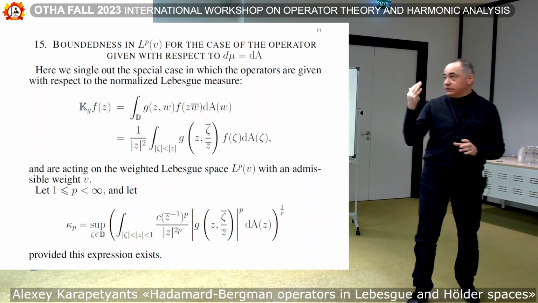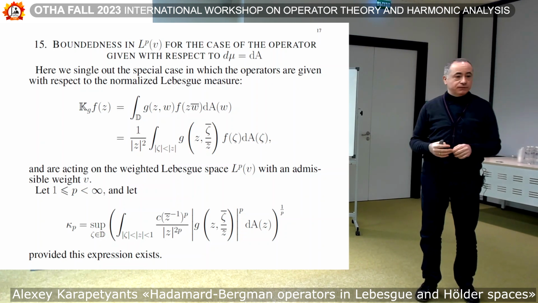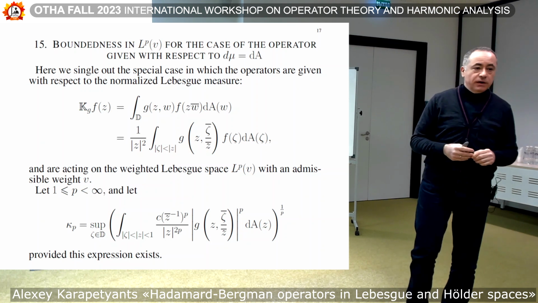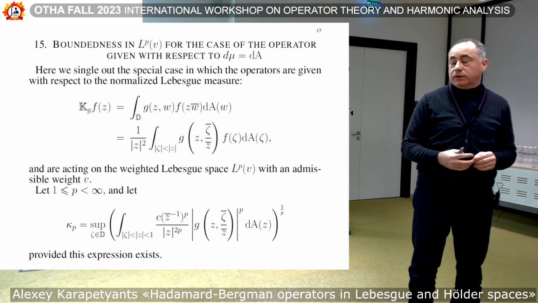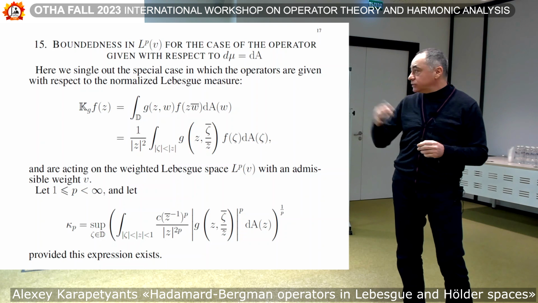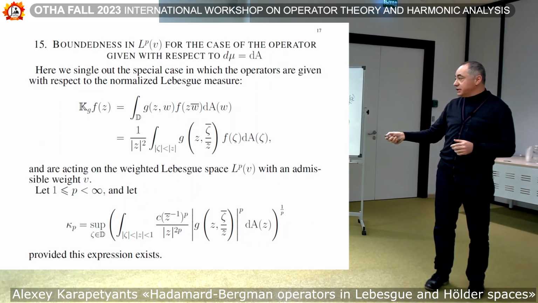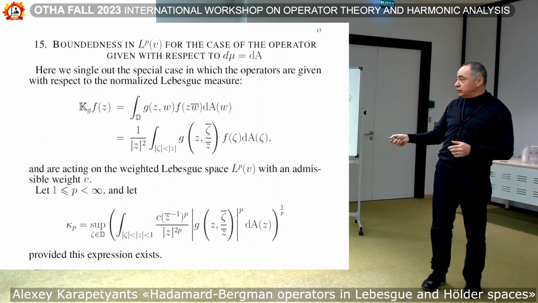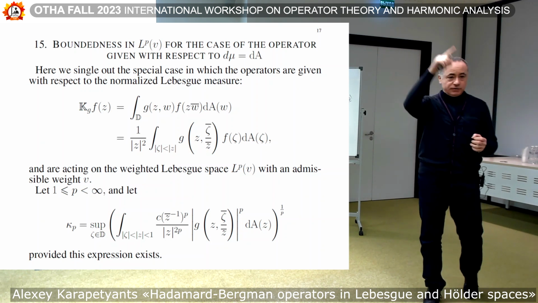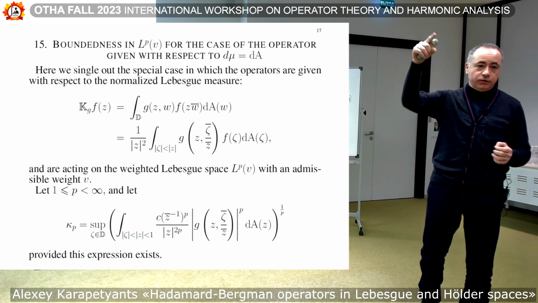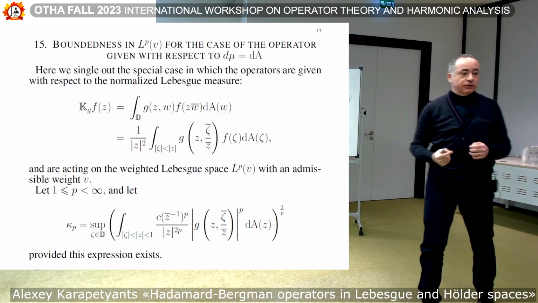But then we thought about what would be the analog of operators with homogeneous kernels in complex analysis, and I think this is the best example, because it is actually an operator with homogeneous kernel. It's of homogeneity −2, of course, and 2 is the real dimension.